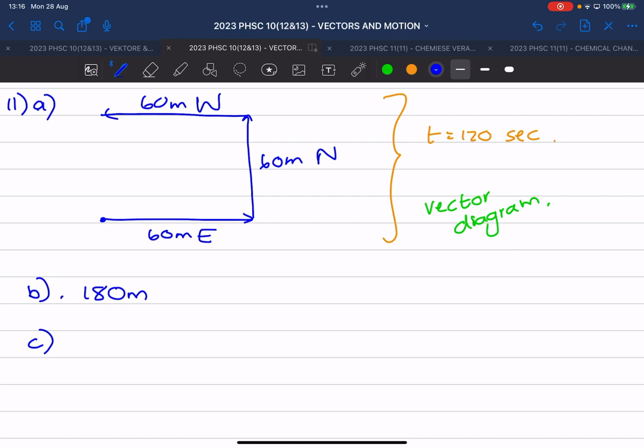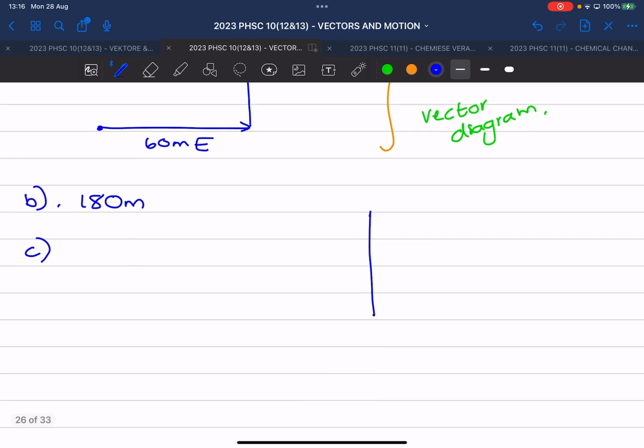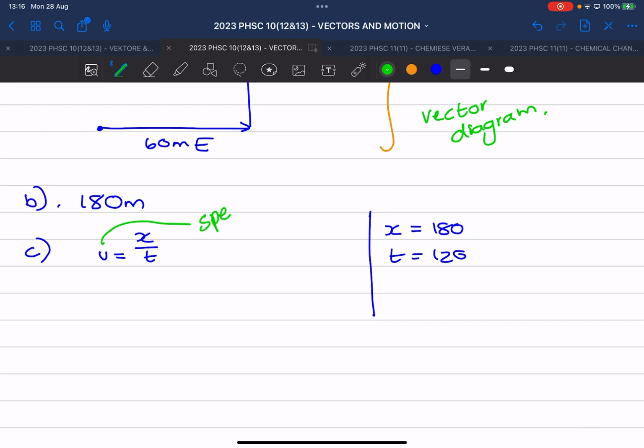Bukamuso. Average speed. What are you going to say? What formula are you going to start with? His distance, we just said is 180, and his time is 120 seconds. Okay? They ask here for his speed.